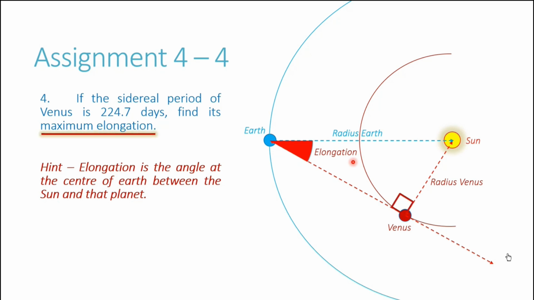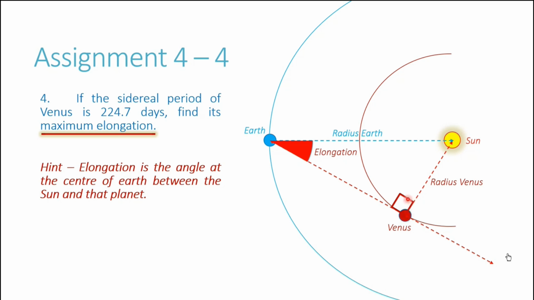Now, we are aware that at this point of maximum elongation, the angle at Venus between the Sun and the direction of the Earth has to be 90 degrees, because this line joining the center of Earth with the center of Venus is a tangent to the orbit of Venus, and the line joining Sun and Venus is the radius of this orbit.